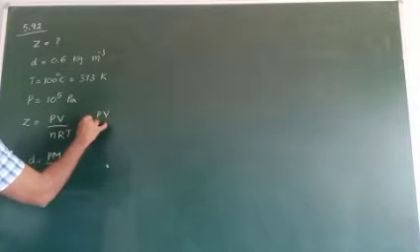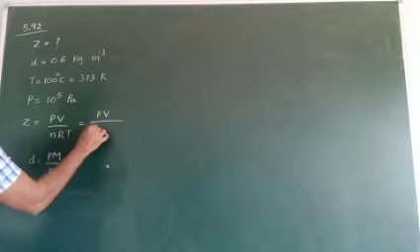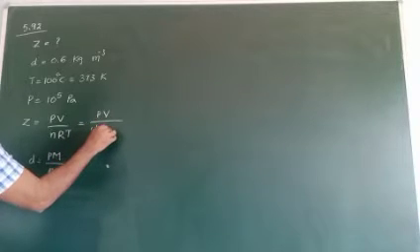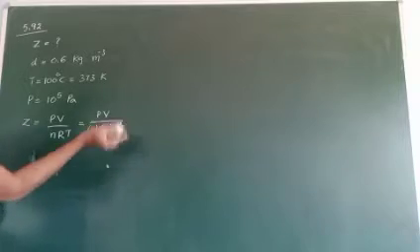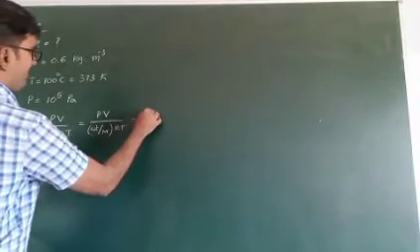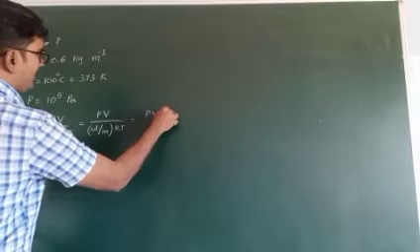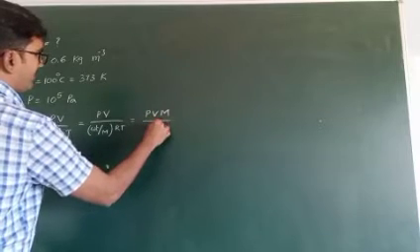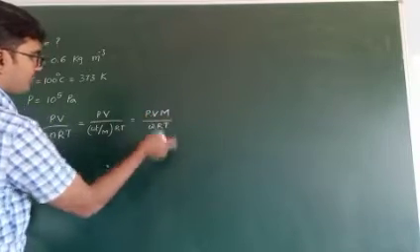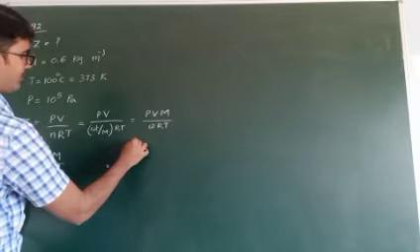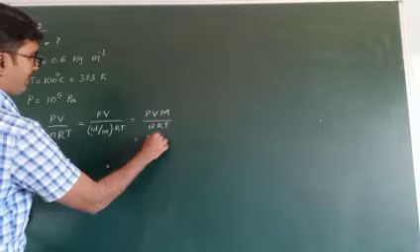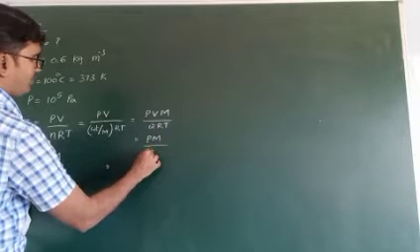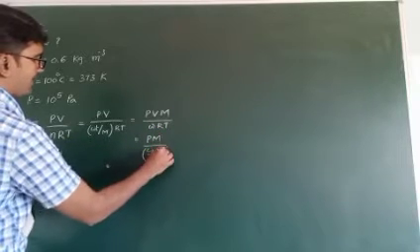So PV by weight by molecular weight into RT. This fraction reversed gives PVM by weight into RT. Weight we move down, so it is PM by W by V into RT.